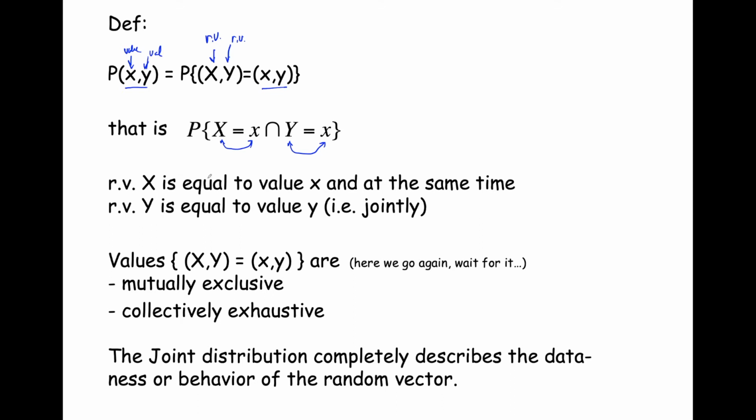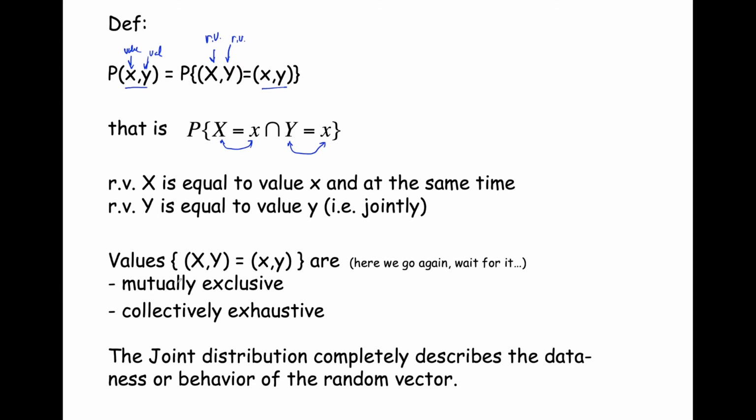Okay, so if we were to look at all of the possible values that this random vector consisting of random variable big X and random variable big Y will take on, you can think of all of these values as, and we've heard this before, mutually exclusive and collectively exhaustive. So what does this mean?